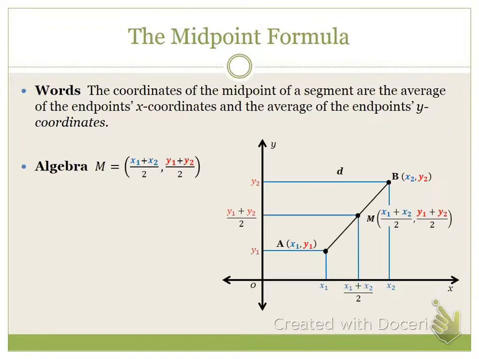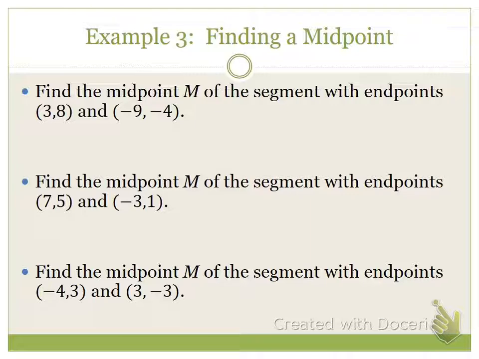Okay, so now let's find the midpoint. Here are my two ordered pairs, 3, 8, and -9, -4. I'm going to plug those into my formula. Remember, it's x1 plus x2 over 2, and y1 plus y2 over 2. You don't have to rewrite it because you just wrote it once.